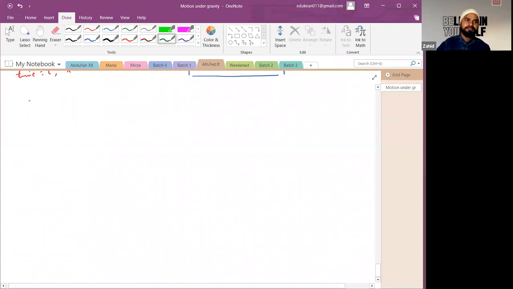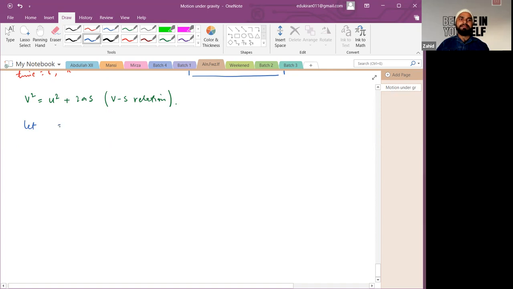Next is v squared is equals to u squared plus 2as. It means velocity displacement relation. There is no direct relation to define velocity and displacement. So first of all, we have to relate them.